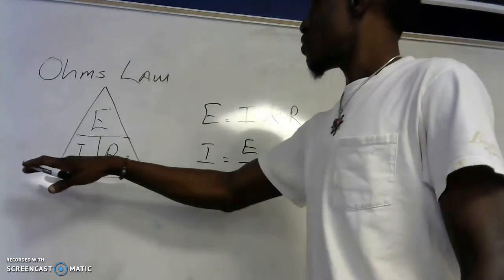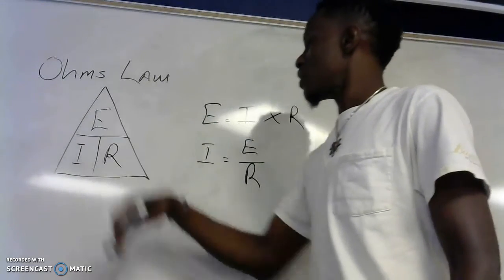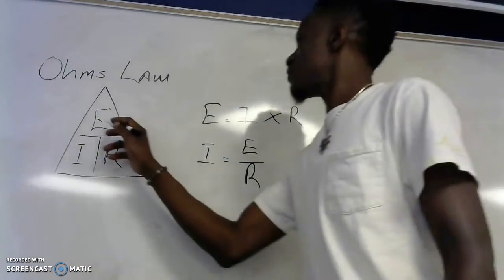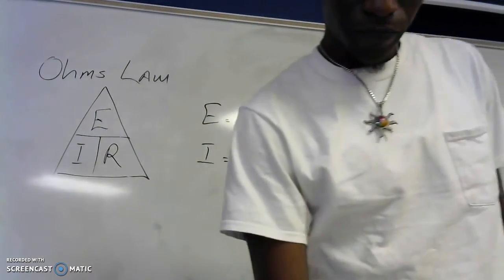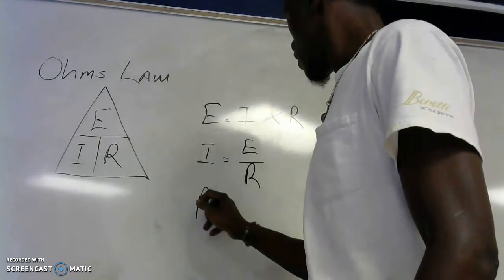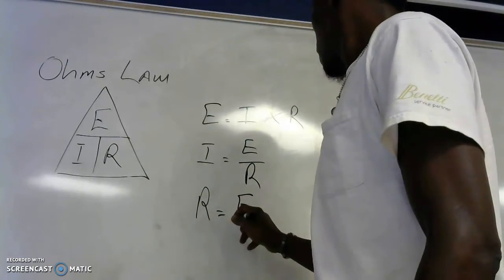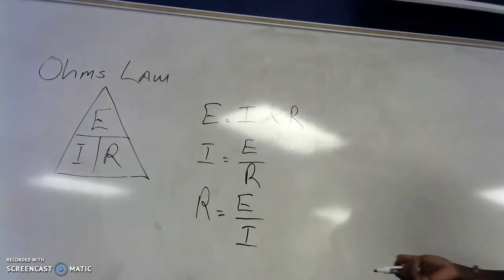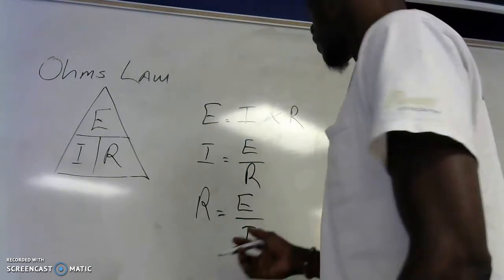Going across, you multiply, and anything on top or below would be a divisor. To find R, it would be E divided by I. So the volts divided by intensity, current, which is amperes.